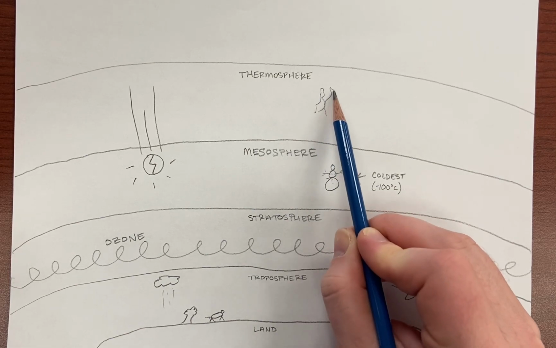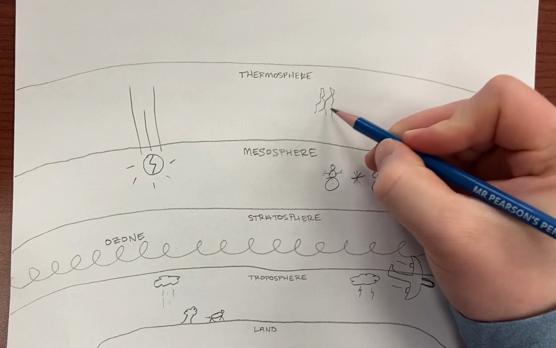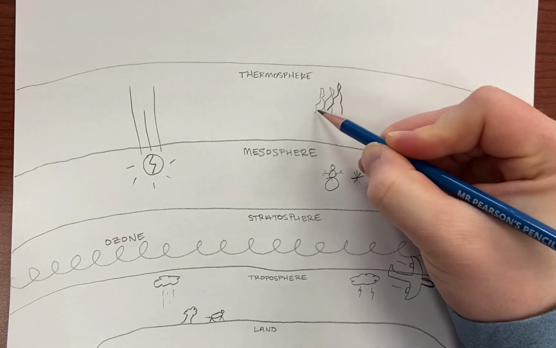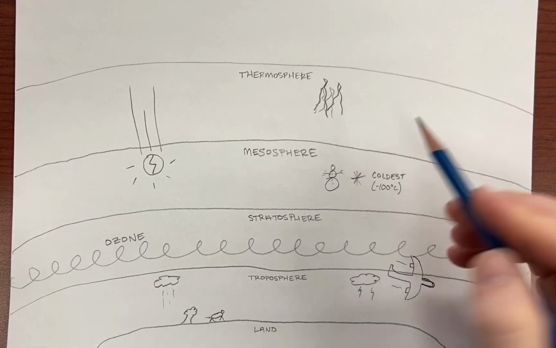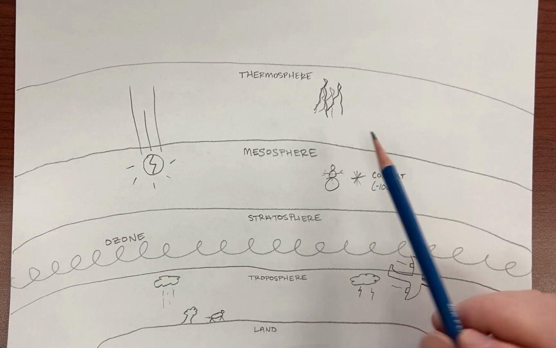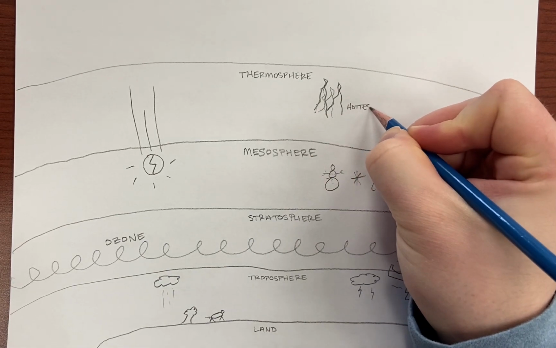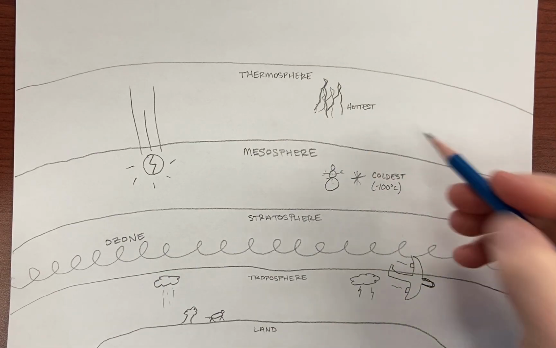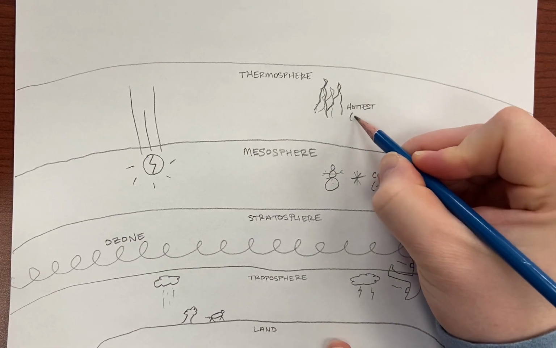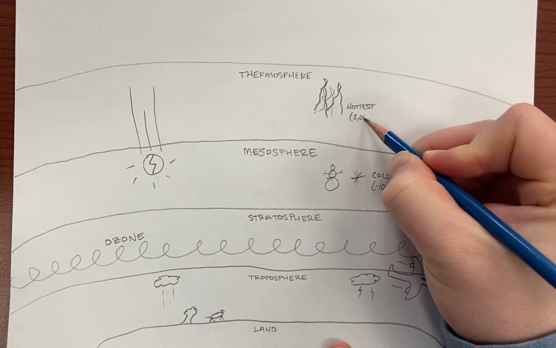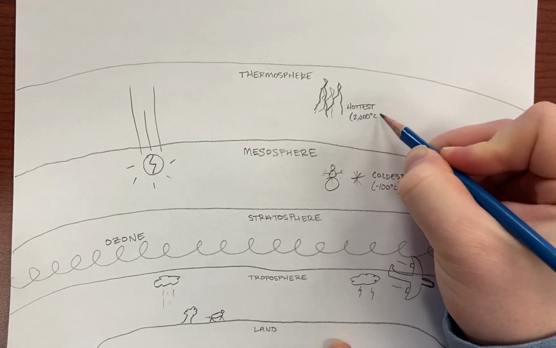Oh boy, yikes. These are flames. Oh man. All right, there's my wonderful flames. If you can't tell that they're flames, you might want to say that this is the hottest layer. How hot? Right around 2,000 degrees Fahrenheit, or Celsius, pardon me.